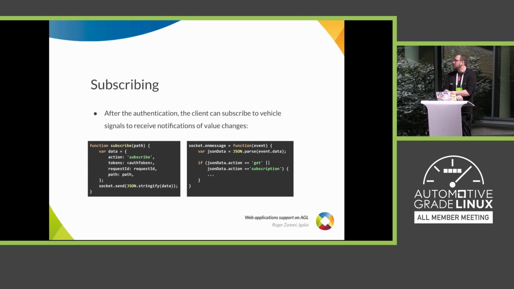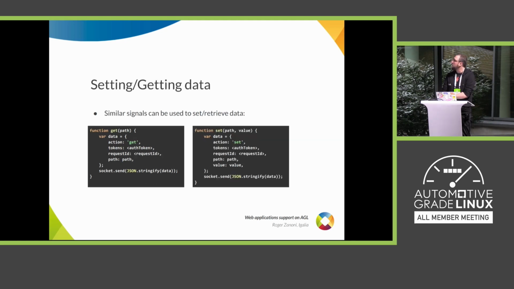And here's how you can subscribe to a signal. After doing that, you will start receiving messages from the server, and when you receive something on this WebSocket, you can just check for data and see what you received. That's how we implemented it on our demos.